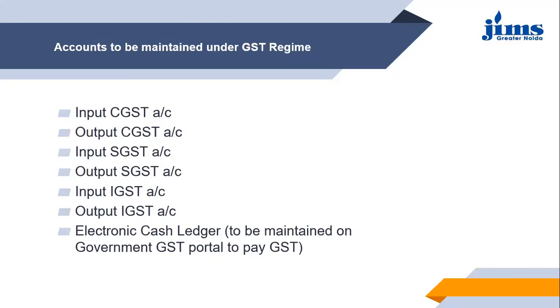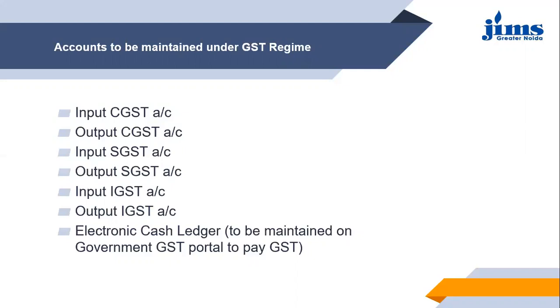Then input SGST and output SGST, which talk about the SGST you have paid on the inward supplies or on the outward supplies. Then IGST can also be under two heads: input IGST, whatever you have paid for the inward supplies, and output IGST, whatever you have paid on the outward supplies.